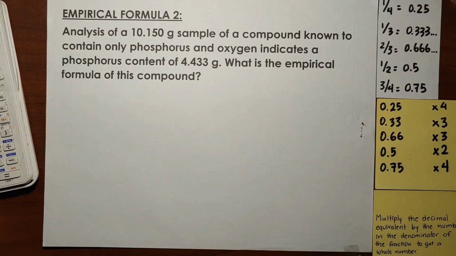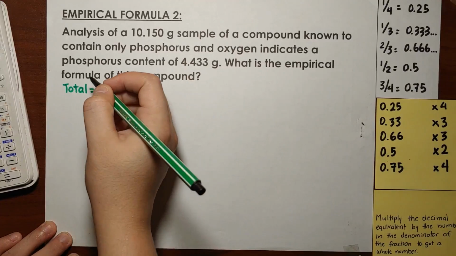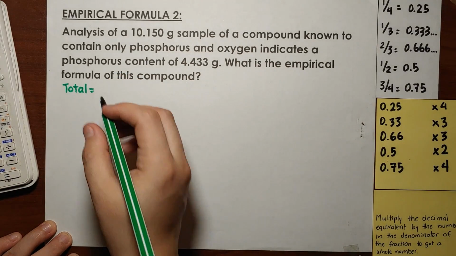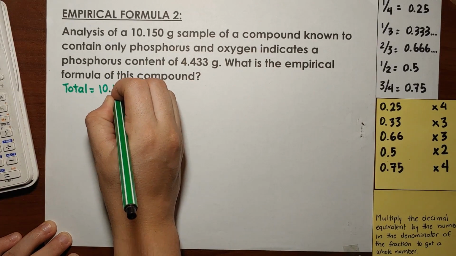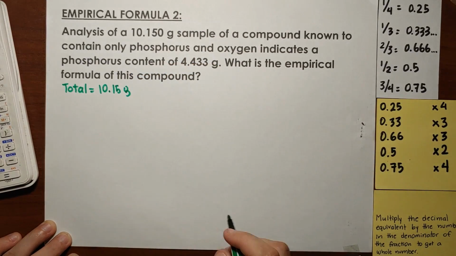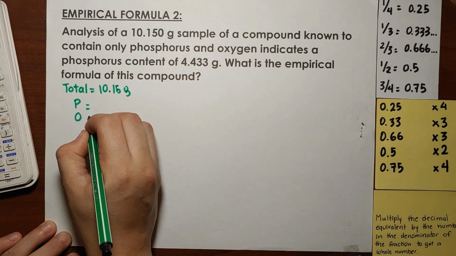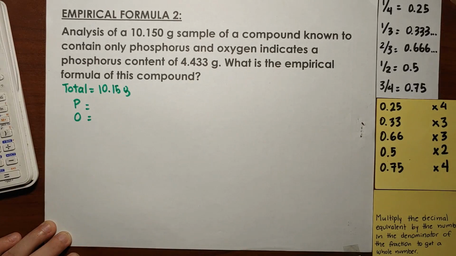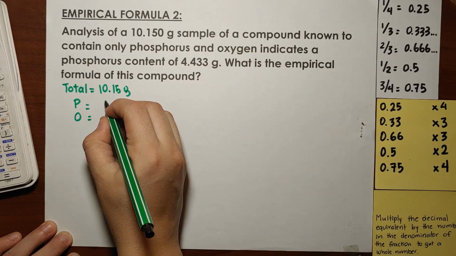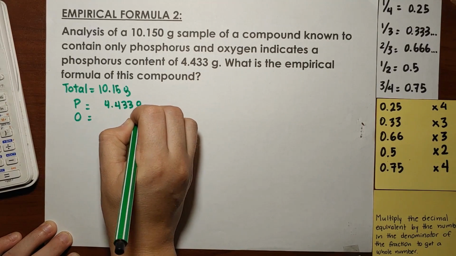Okay, now we don't have the percentage composition, but we do know the mass. My total sample is not 100 grams now. It's just a 10.15 gram sample. And this compound contains only phosphorus and oxygen. I know only the phosphorus content, that is 4.433 grams.